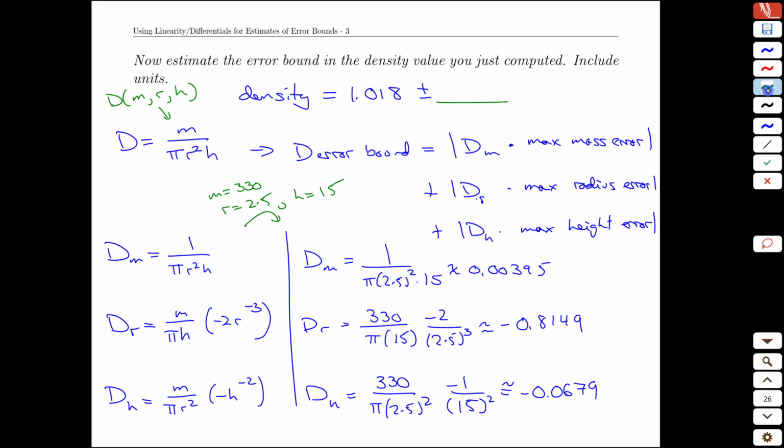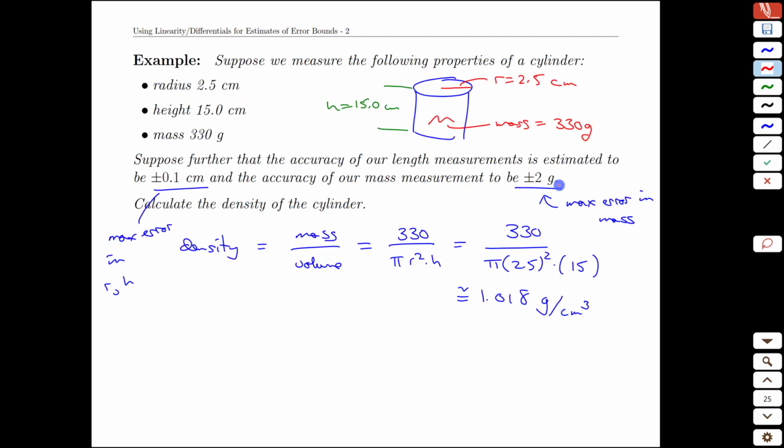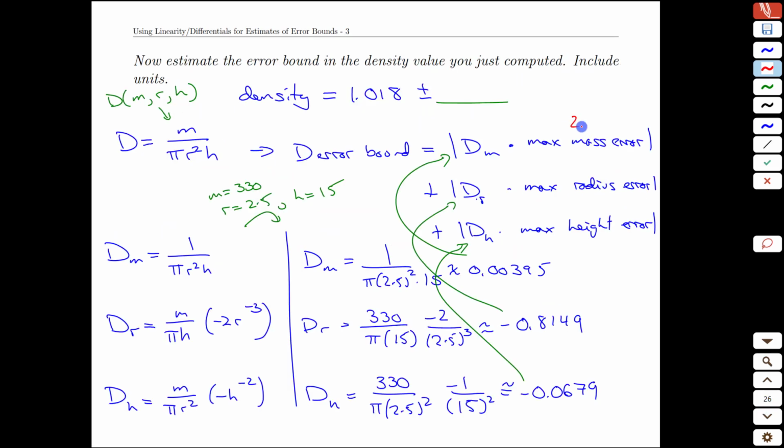The last ingredient is to put each of these values into the corresponding location in this formula, multiply by the plus or minus values that we had from the last page. Let's go back one step here. Mass was off by at most 2 grams. So this was 2. And the maximum radius error was 0.1 centimeters.